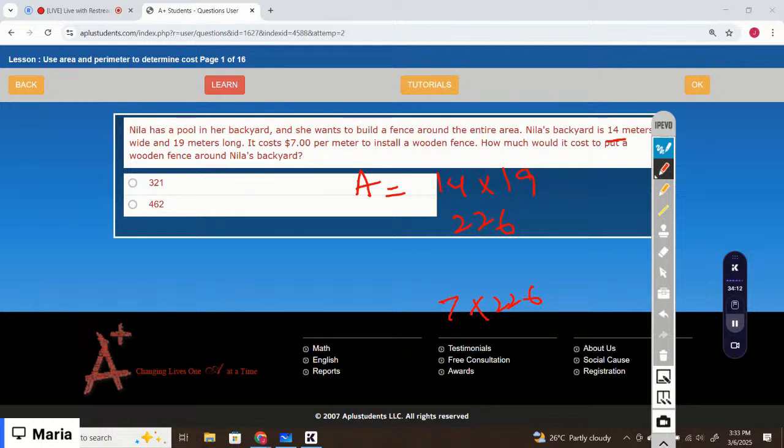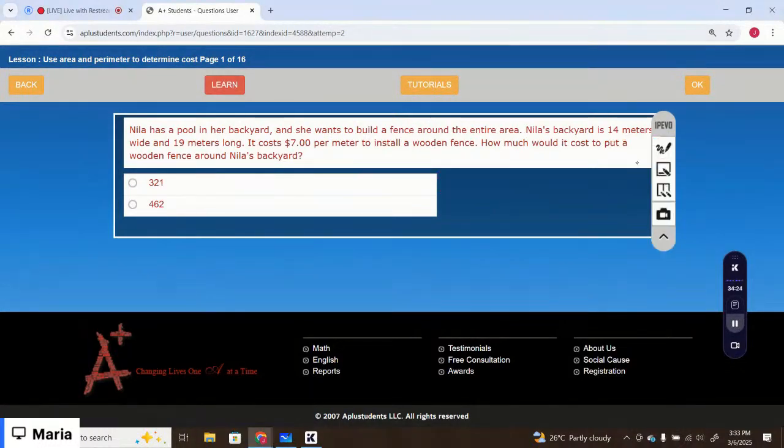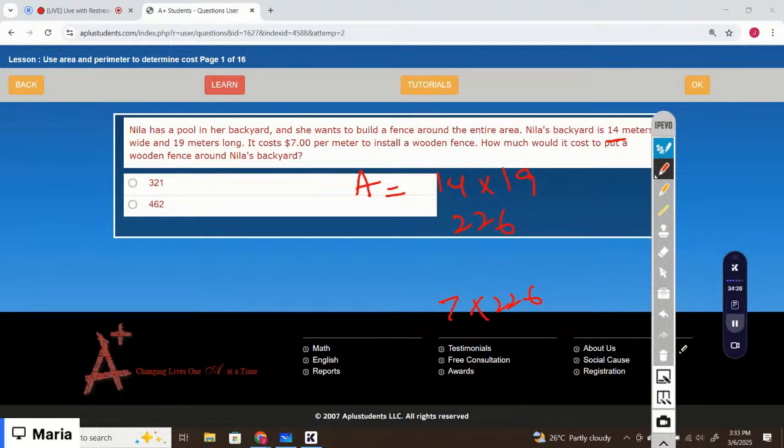perimeter, not area, because you have to put the fence around the rectangular backyard, along this way, right?